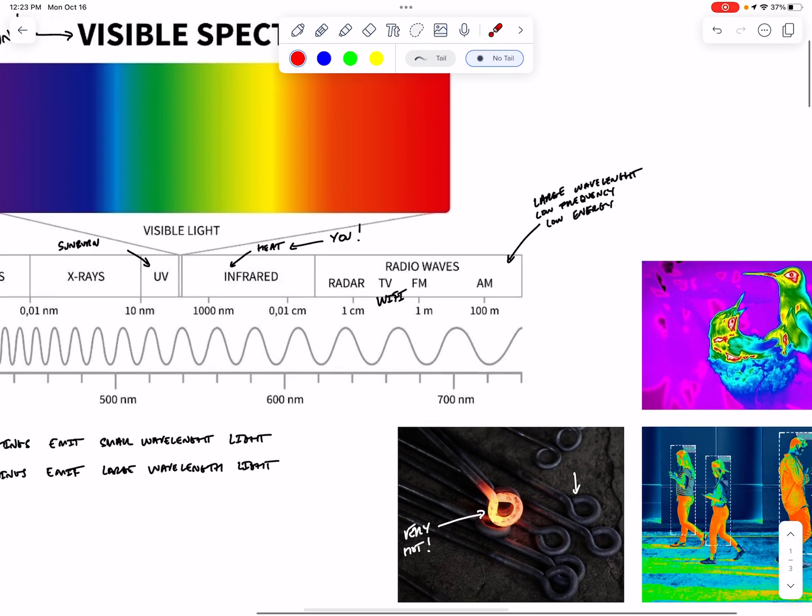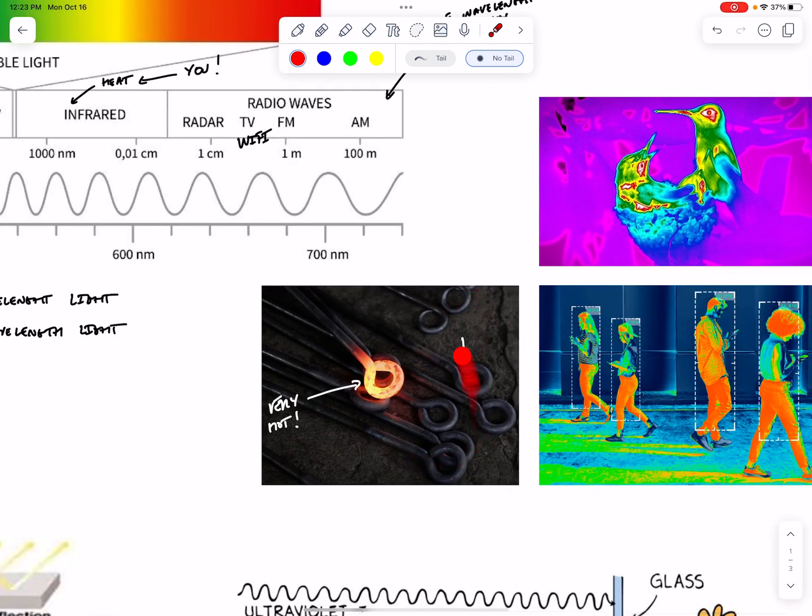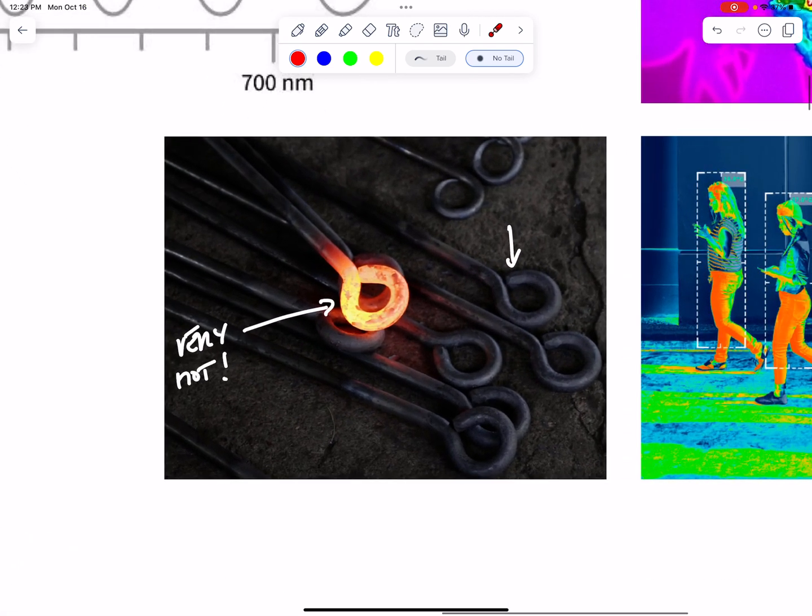If you were to scan these things with an infrared camera, you would see that they are emitting light, actually. So this is emitting visible light.